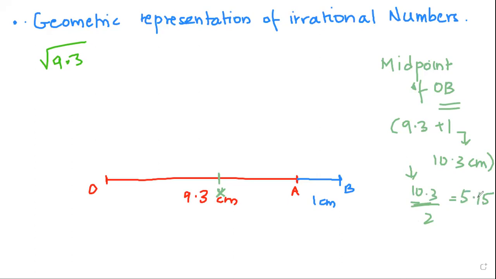If you are not able to mark 5.15, make it 5.2 and mark it there. Mark 5.2 here as x. This is x. Okay, done?